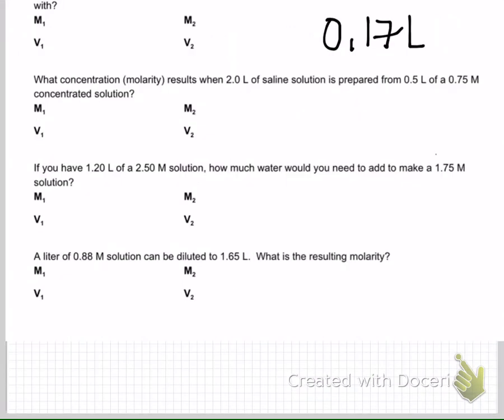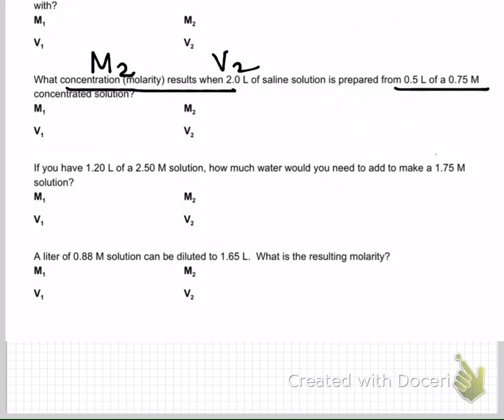For the last 3, it's the same thing. Just read what you're given and try to figure out what you're trying to find. It says what concentration results when you have 2 liters of saline solution prepared from 0.5 liters of a 0.75 molar concentrated solution. You have to understand these were the initial conditions, and this is the final condition. So what I'm looking for is M2. I'm given V2. This is going to be V1, and this is going to be M1.